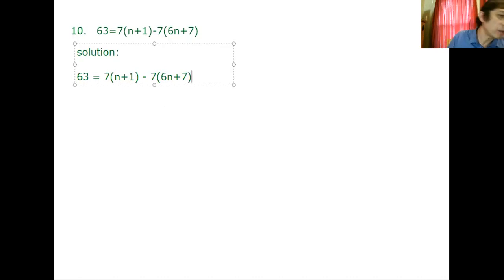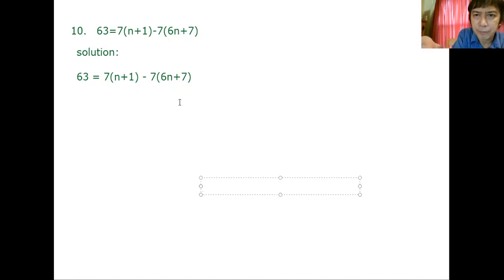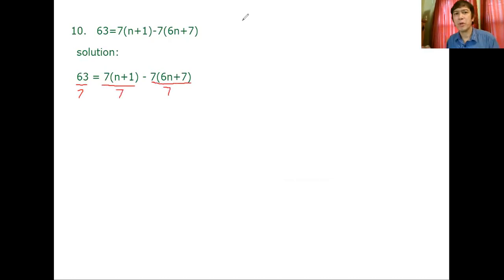All right, so this will have to be divided by 7. Also, this term and this term divided each by the 7. The smaller numbers among the 3. We have 63, 7, and 7. So we choose the 7 as divisor. And this will result to 63 divided by 7, that should be 9.